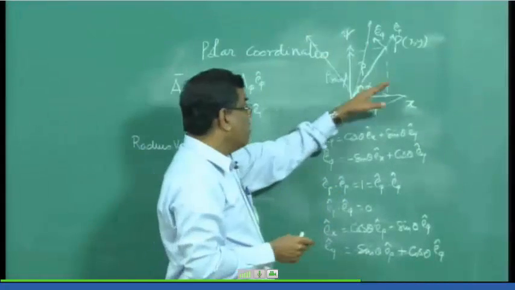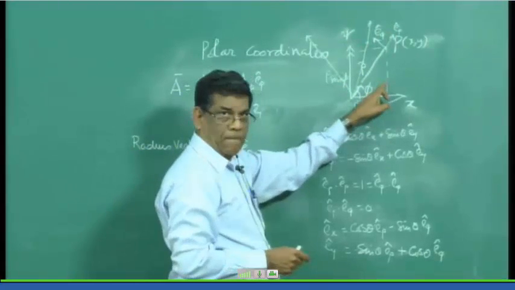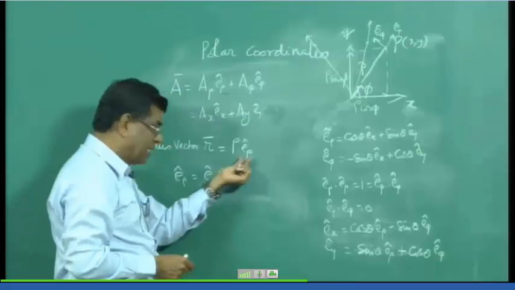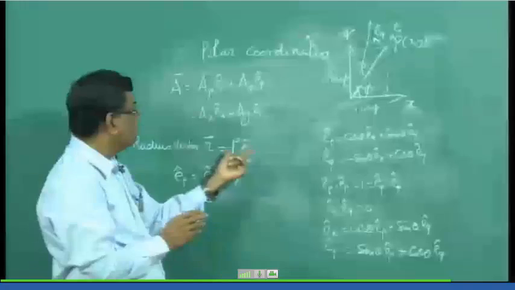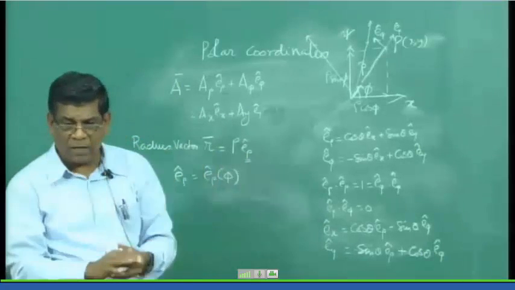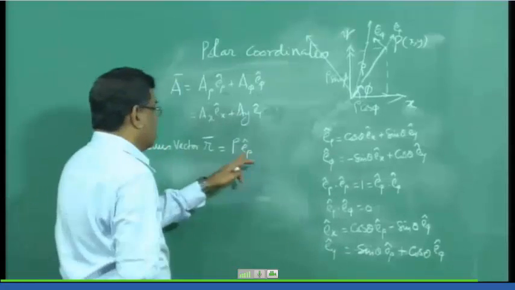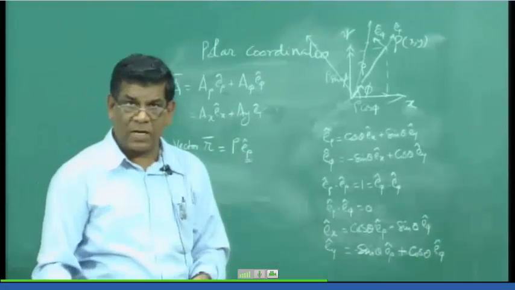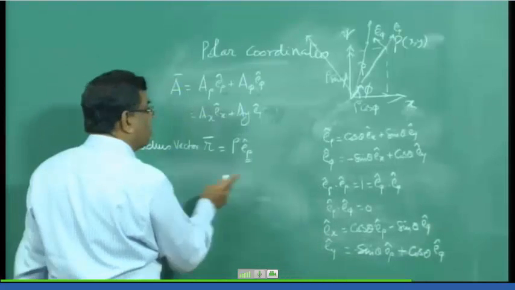So the E rho direction itself can change with phi. Therefore, this E rho contains the phi variation for the radius vector. That is why it has only one component, rho E rho, even though E rho contains all the information about phi.